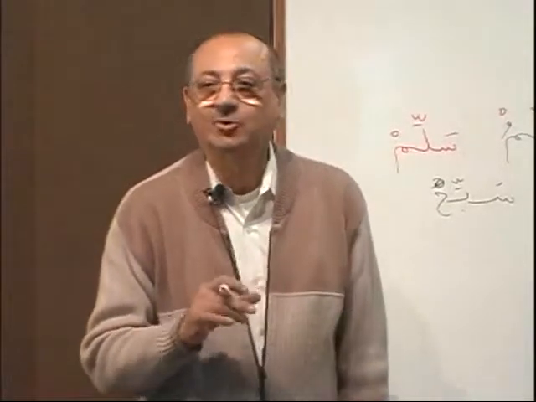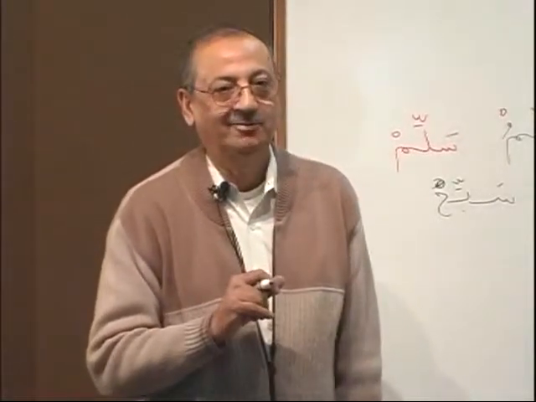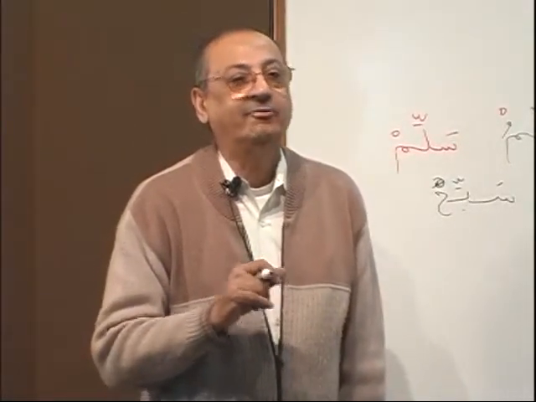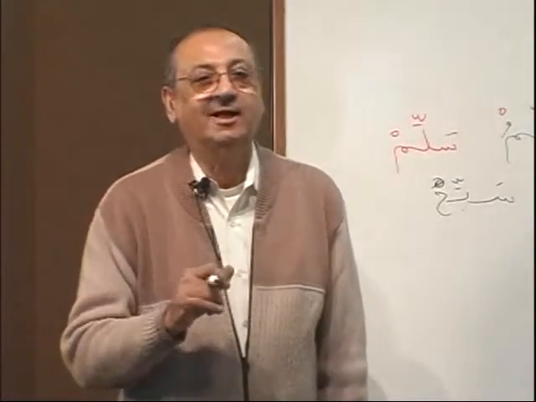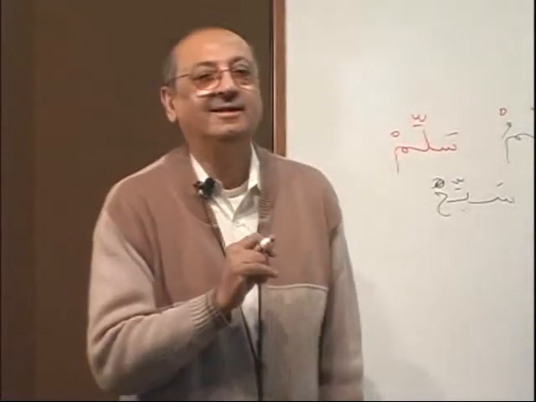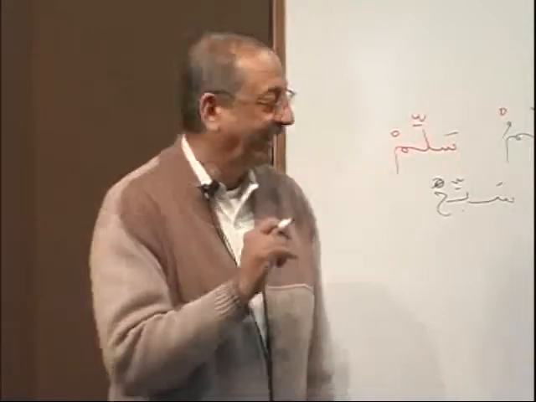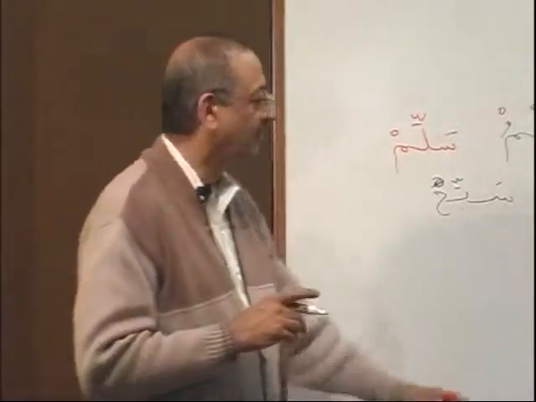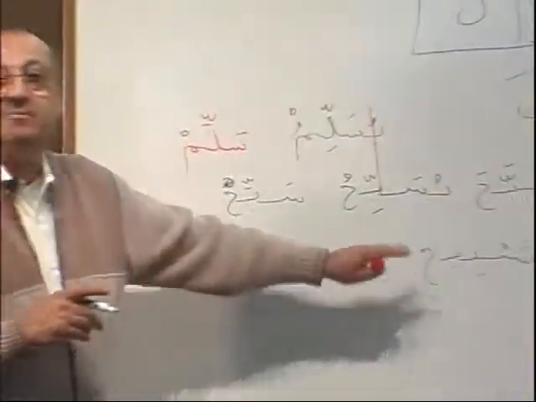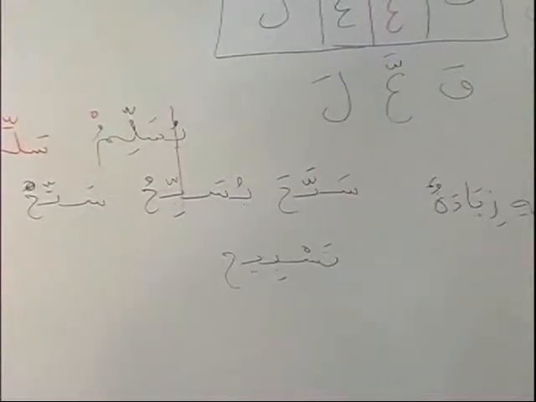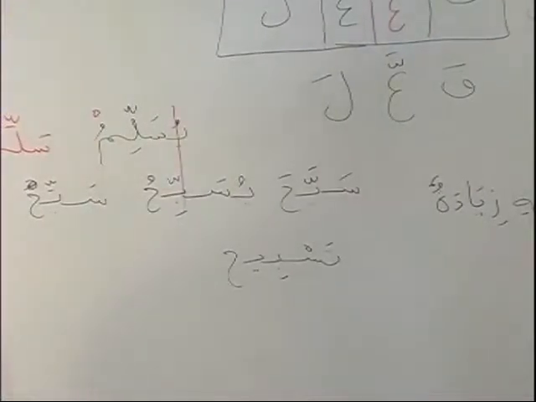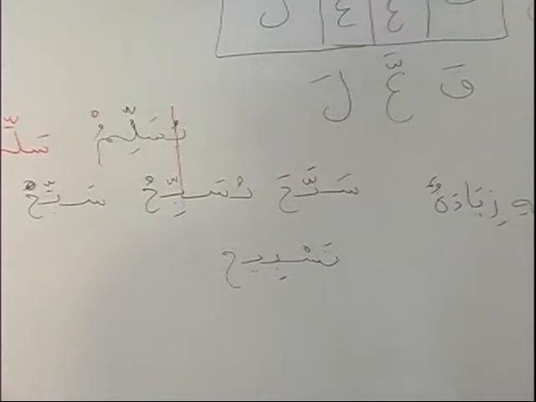Shukran, ana ashkuruka shukran. Are you with me? Fahimtu darsa fahman jayidan. That is how we use it. So, then what is the masdar which is used for maf'ulun mutlaq? Is it tasbih? No.